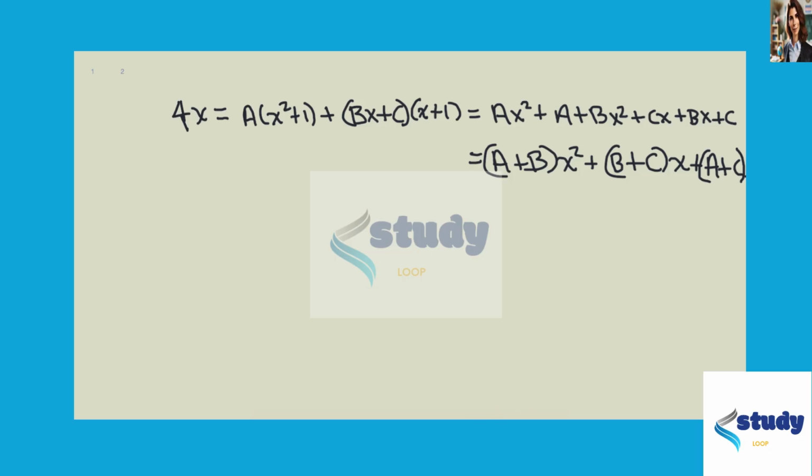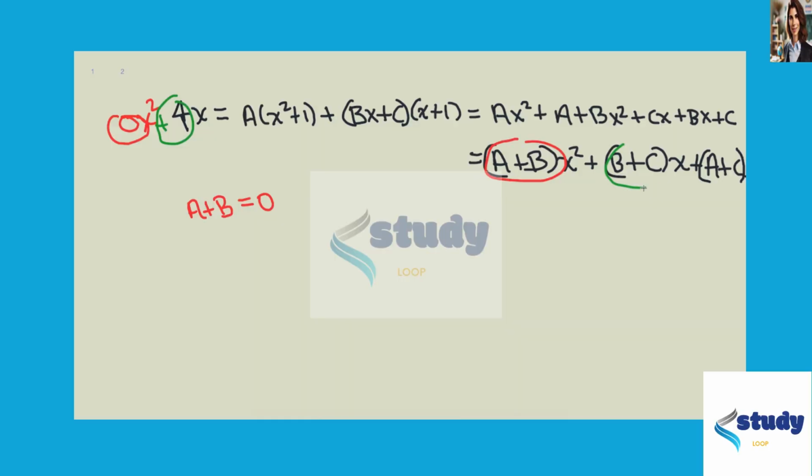And now we just match the corresponding terms. On the left, we see that there is no x squared, so we can write a 0x squared here. So we have 0 equals A plus B. That's our first equation. Now for the x term, it's 4 on the left.